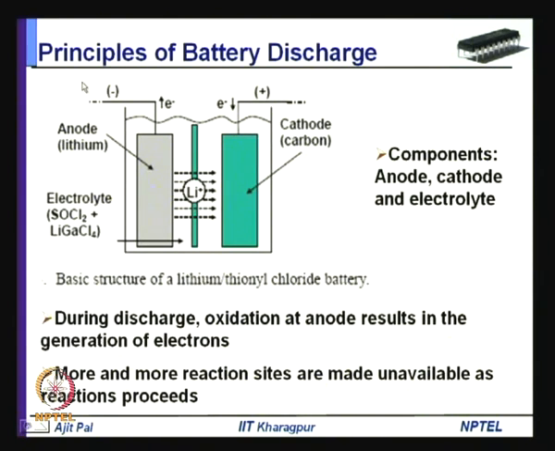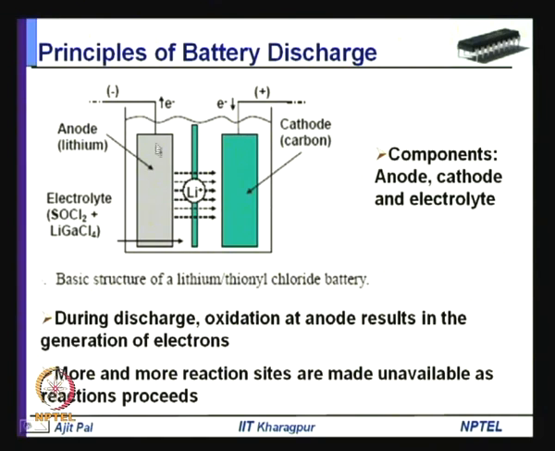Let us now have a look at the basic principle of battery discharge. We know any battery will have two terminals, one is anode and another is cathode. This corresponds to a lithium thionyl chloride battery.